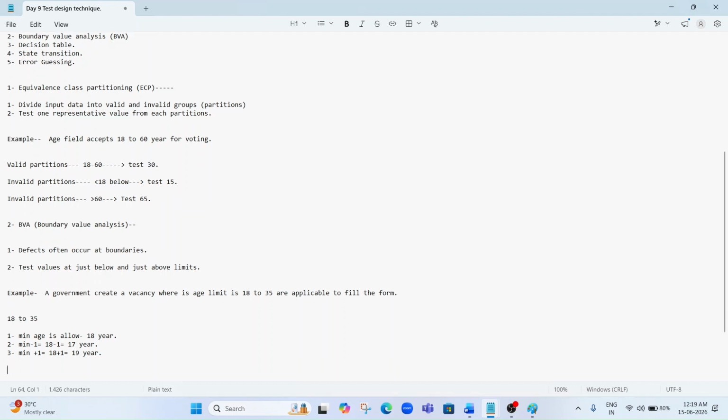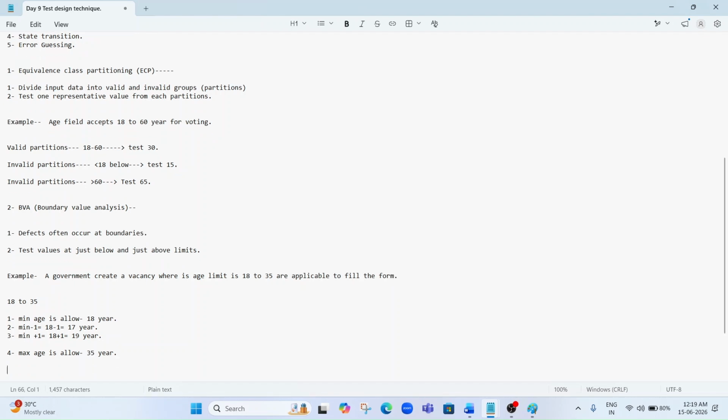The fourth scenario is the max scenario. So max is 35, the max age allowed is 35 years. Fifth condition is we will check max minus 1 also in that same case.